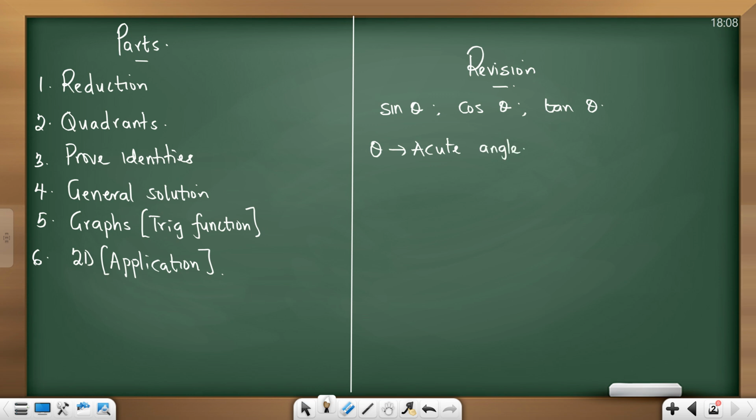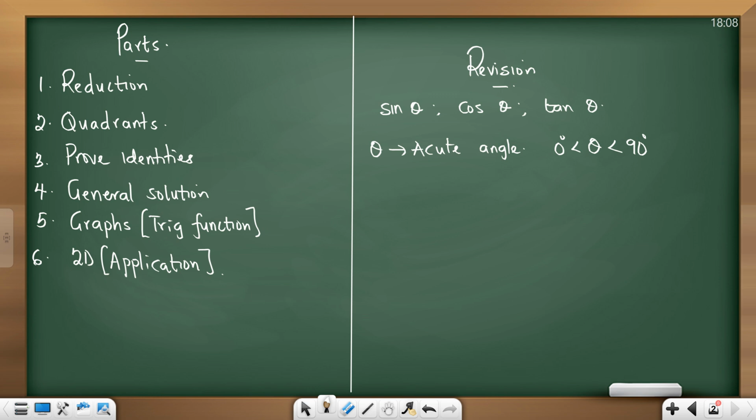Angle. Let's take note of that, which means theta lies between 0 degrees and 90 degrees. It's important to have that at the back of your mind. Theta is an acute angle which lies between 0 and 90.